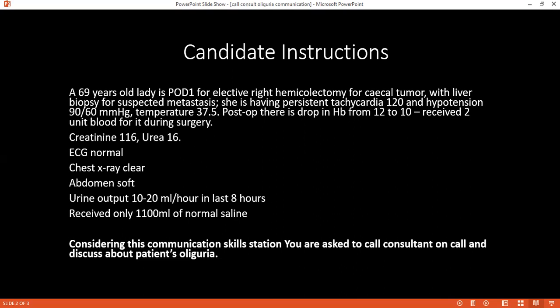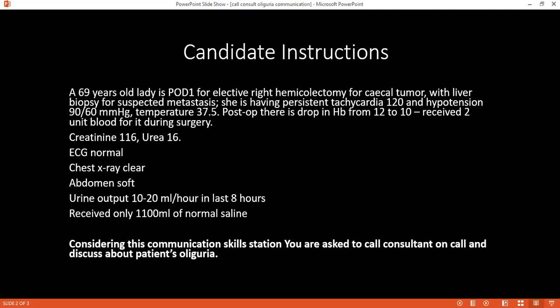What do you think, if there is bleeding, which vessel can bleed in this case, in right hemicolectomy? Okay, if there is bleeding in this case, there could be bleeding from the ileocolic vessel. There can also be injury to some vessels in the mesentery that were not identified.